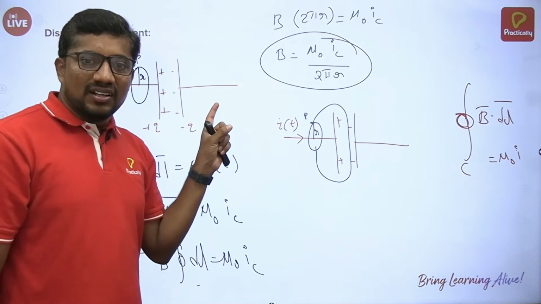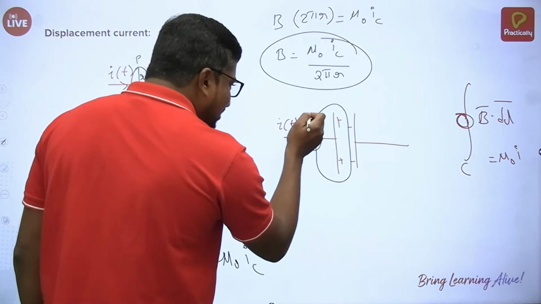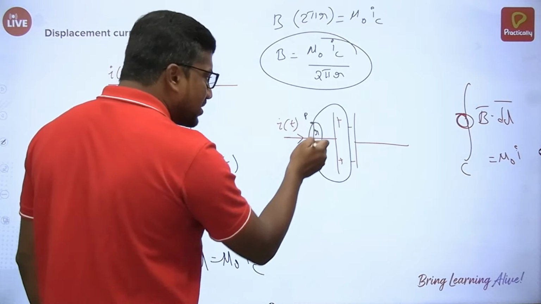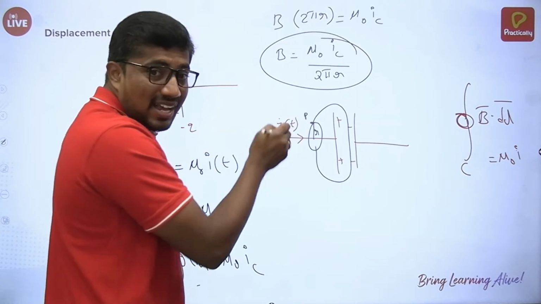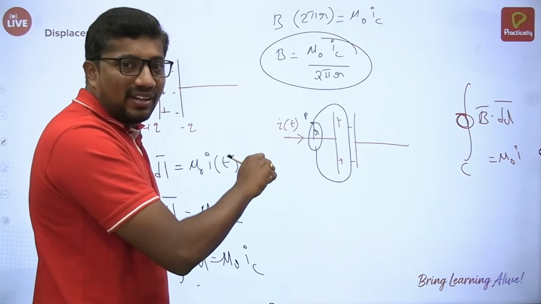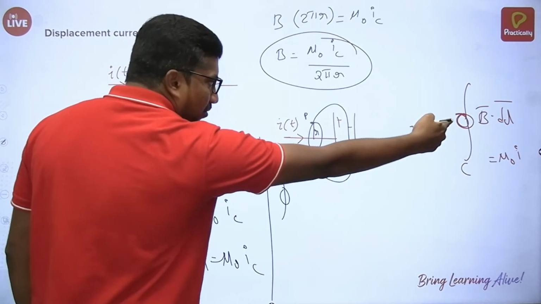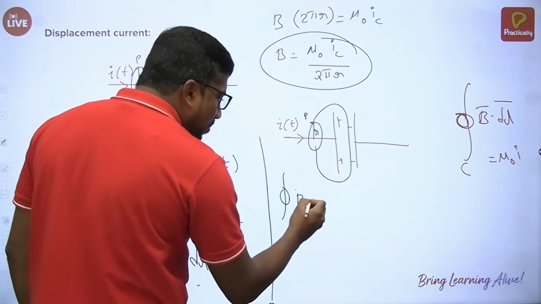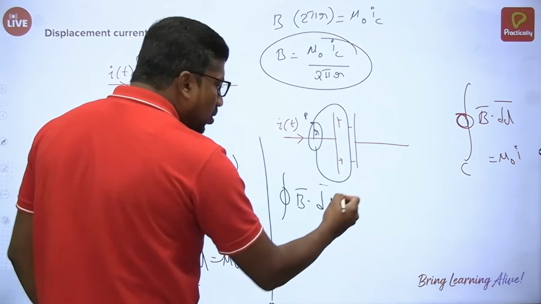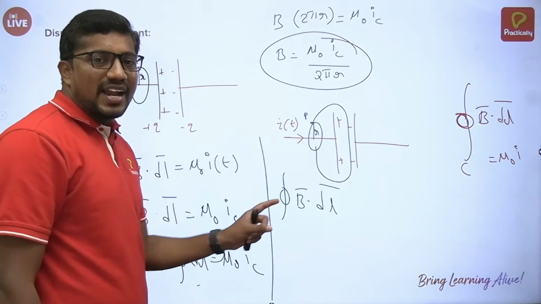Now at the same point P, for the same circular ring of radius r, I am going to apply Ampere's circuital law. The left side, the closed integral of B bar dot dl bar, has no change.